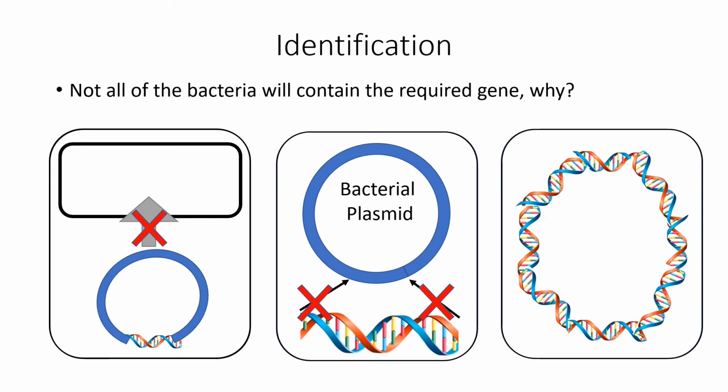We will have bacteria that did get the plasmid, but the plasmid does not contain the gene, because when we were inserting the genes, the gene did not insert. And we also have a third scenario where the gene that we were inserting has formed its own plasmid, which is completely foreign to the bacteria.